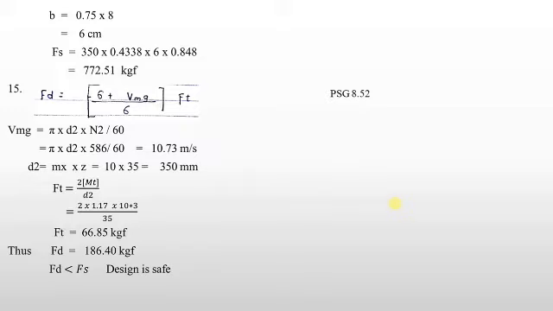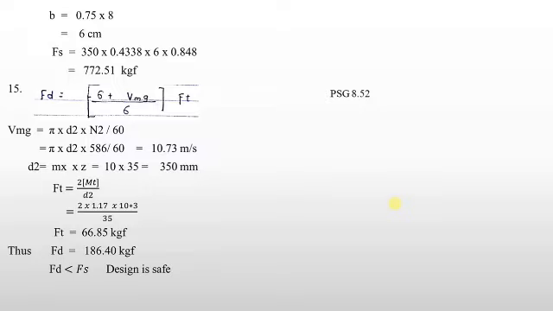Now from PSG 8.57 we calculate the tangential force, which is equal to 2 into design torque upon d2. Now d2 is 35 and design torque is 1.17 into 10 raised to 3. From this we got tangential force 66.85 kgf.